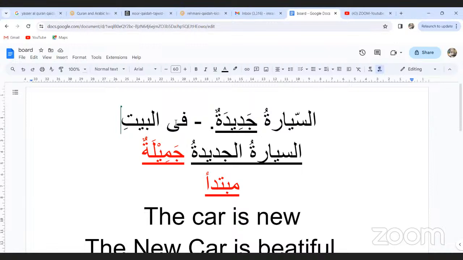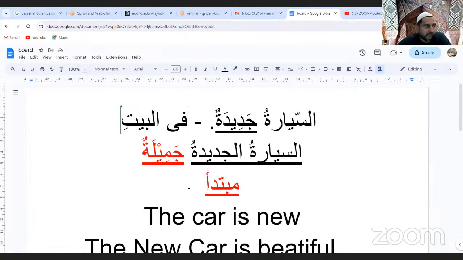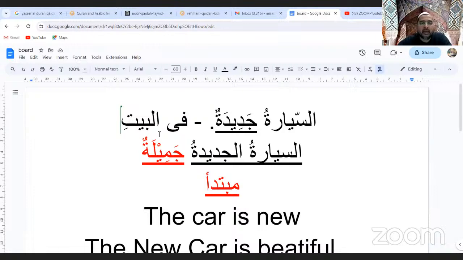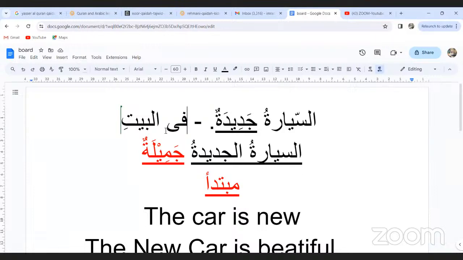What I'm understanding from here is that with a simple nominal sentence, the alif lam definite one comes as a noun, and the word following it is with the dhamma tanween. Correct. Or with a preposition, it can have the preposition ruling with it.